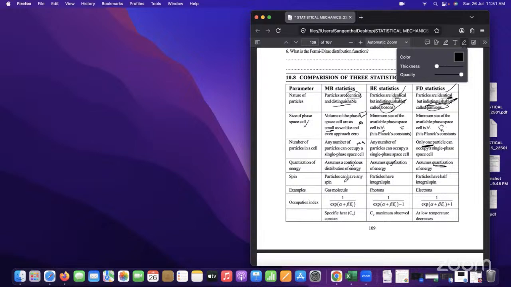Next, this has any spin, either half spin or full spin. This has integral spin, and the other has half spin. So in Maxwell-Boltzmann we have half integral spin and full integral spin. In Bose-Einstein statistics there is only integral spin, whereas Fermi-Dirac statistics consists of only half integral spin. All gas molecules come under Maxwell-Boltzmann statistics. In Bose-Einstein statistics we discuss photons. In Fermi-Dirac statistics we discuss electrons.